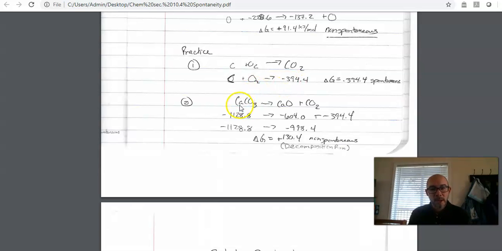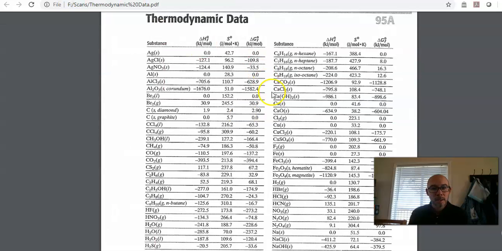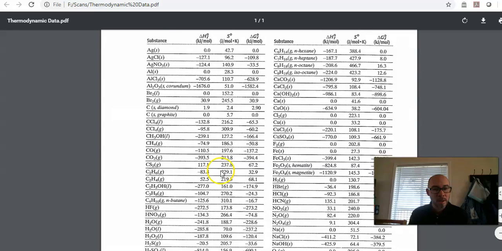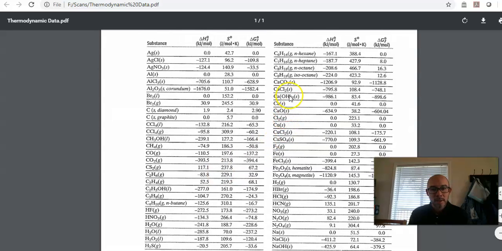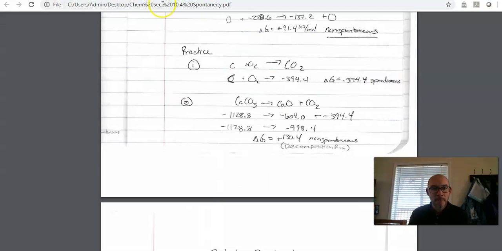Second practice problem, you got calcium carbonate. Will it yield these ones spontaneously or not? So I went to the chart and I go calcium carbonate. You see that anywhere on here? Calcium carbonate, there it is. And we go to our Gibbs energy, there it is, negative 1128.8.